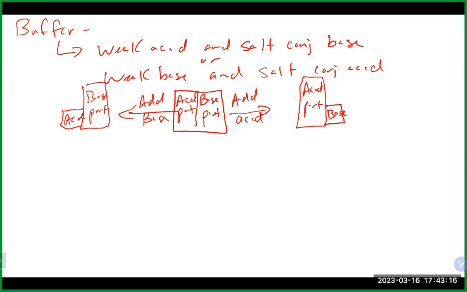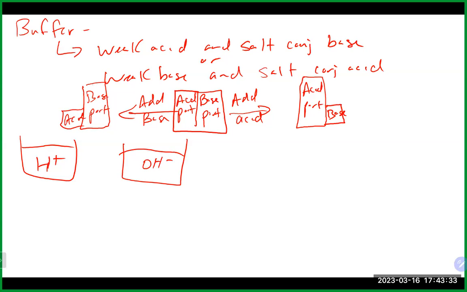It really is able to do this because it pretty much prevents one of two things happening, depending on what you're doing. It prevents the formation of free H+ in solution when you add an acid, and it prevents the formation of free OH- in solution when you add base. And that's important because those things are related to each other.